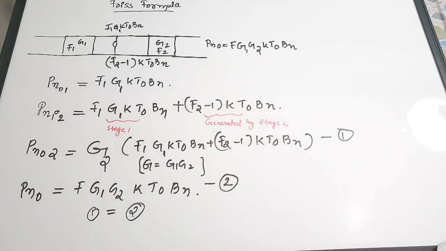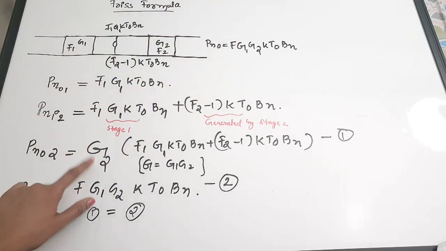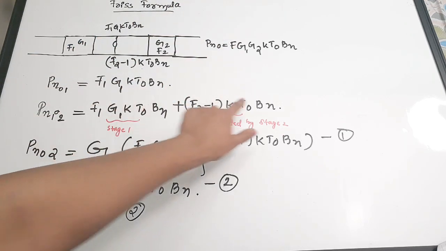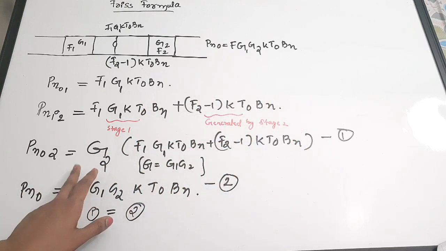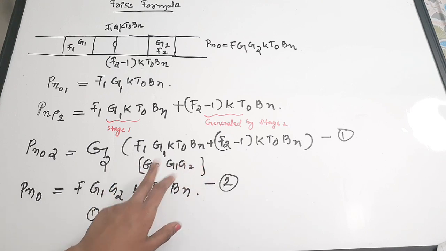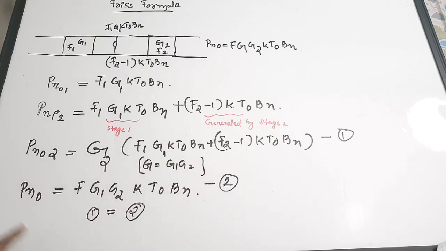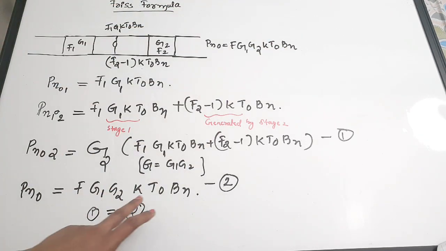Also, the output noise power will be the gain of that stage into the input noise power, which will be G2 into this term. And also, you have to take G1 into G2 equal to the total gain G. Here, we have taken the total output noise power as F G1 G2 K T0 Bn.